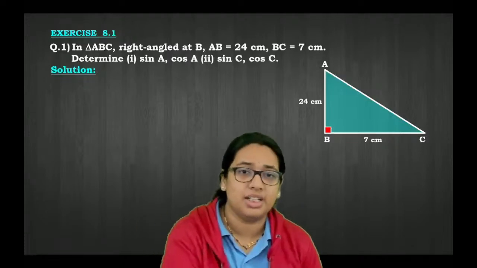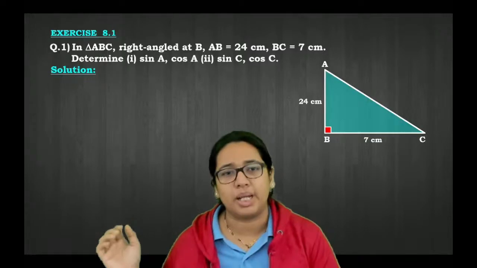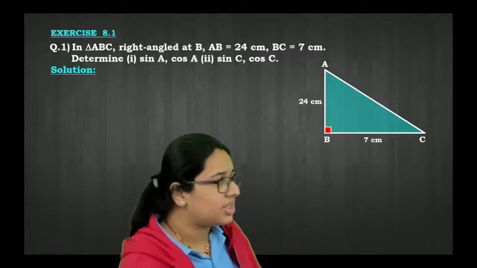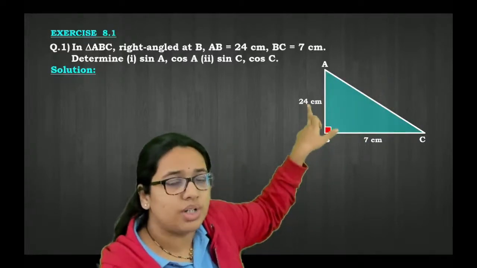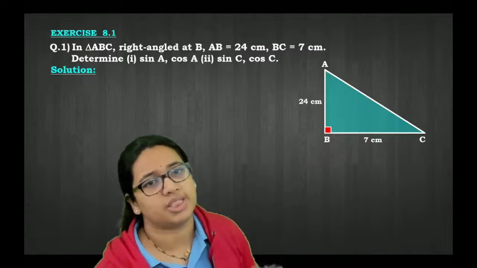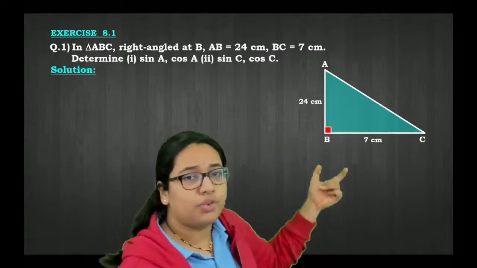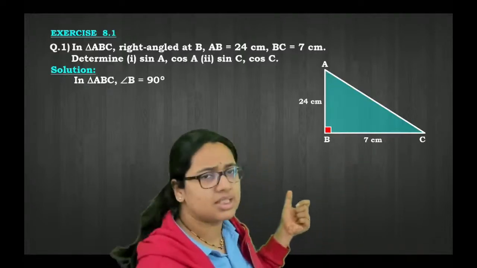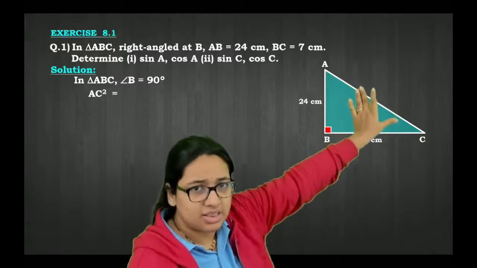You have a 90 degree angle. Whenever there is a right angle triangle case, you can use Pythagoras. So Pythagoras theorem states that hypotenuse square equals square of first side plus square of second side. Okay, done with this. Hence for the triangle ABC, B is 90 degrees, therefore the hypotenuse will be AC square.